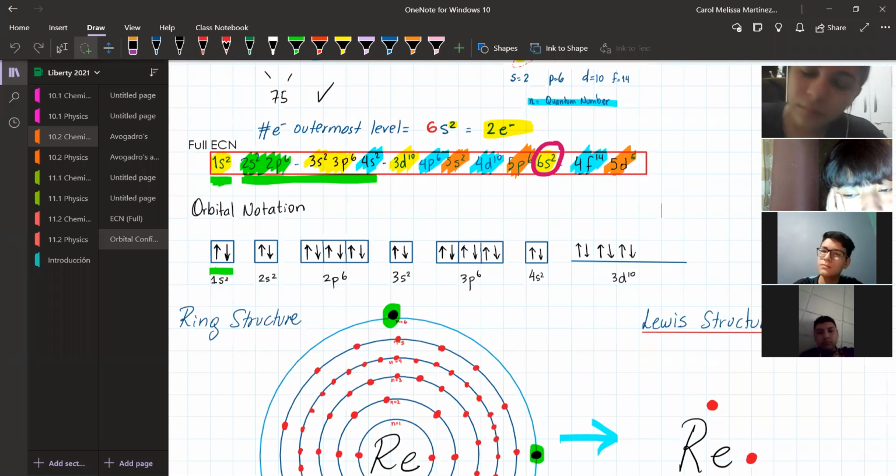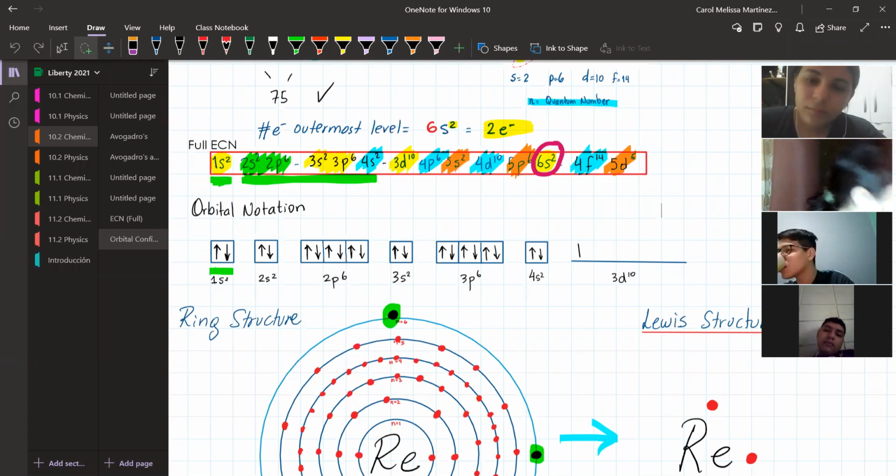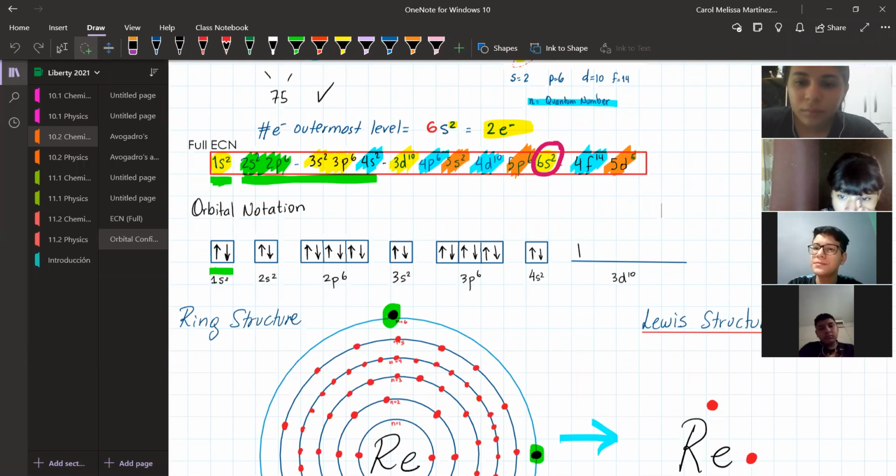Actually, it's not like this because you have to start only with the upward arrows first. 1, 2, 3, 4, 5, and then 6, 7, 8, 9, 10.